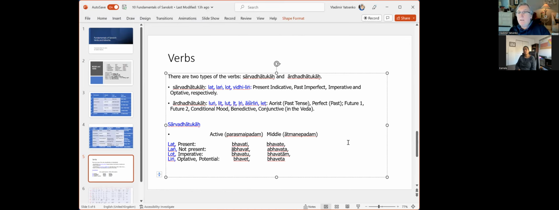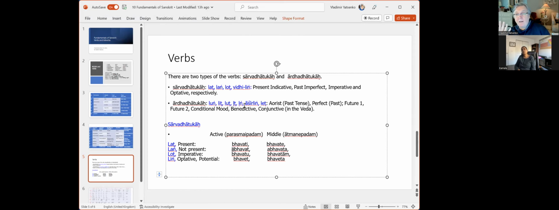And there is one more, injunctive mood, which I didn't put here, because Panini does not list it as lakaras. So Panini has all these verbs defined as lakara, starting with l: lat, lang, lot, vidhi-ling, lung, lit, lut, lrit, lring, ashir-ling, let. So 1, 2, 3, 4, 5, 6, 7, 8, 9, 10, 11. Actually, ashir-ling and vidhi-ling are connected, or ling is connected.